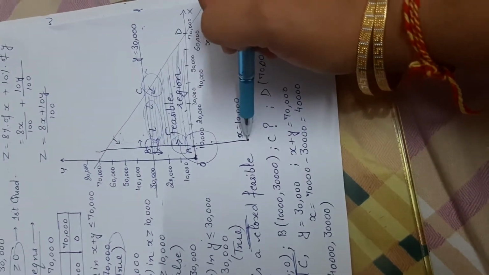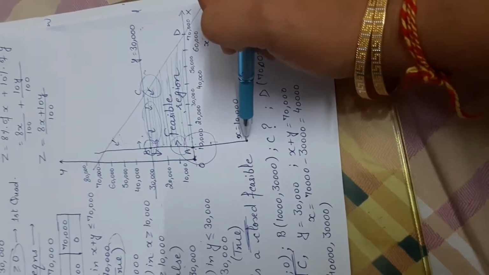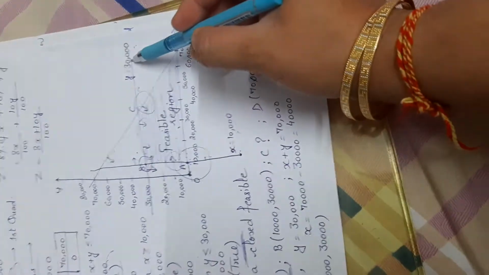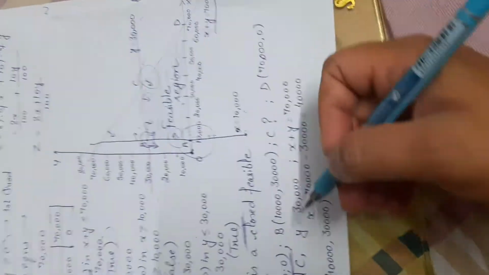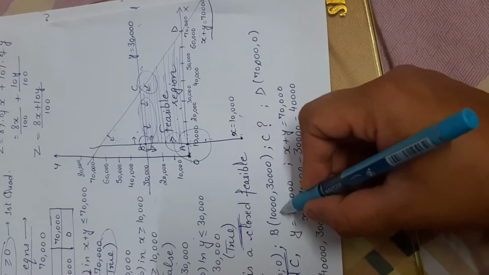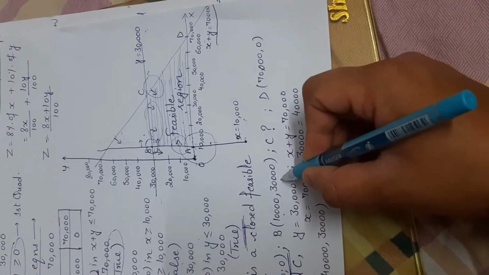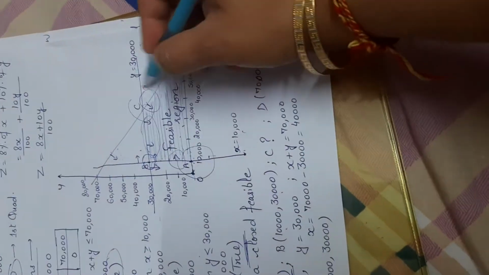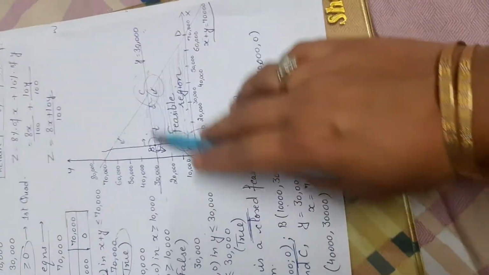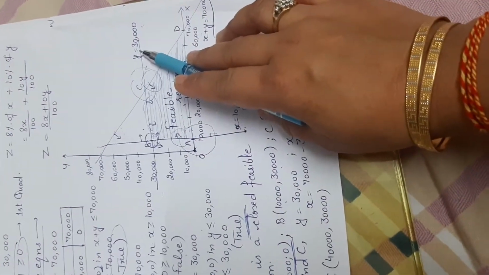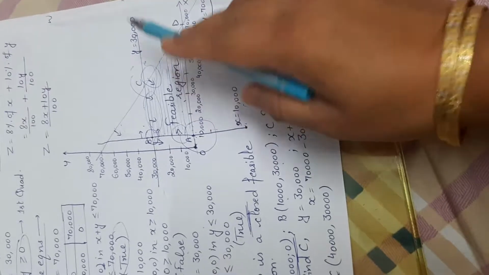The first line is x equals 10,000 and the other is y equals 30,000. So it directly gives the point 10,000, 30,000. And this is the C point, again the intersection point of this line and this line. We don't know C yet. We'll find it later on.